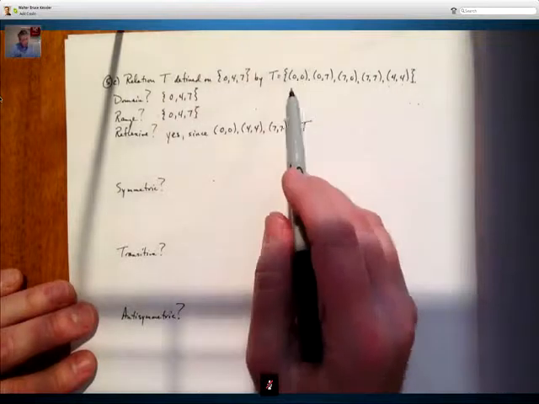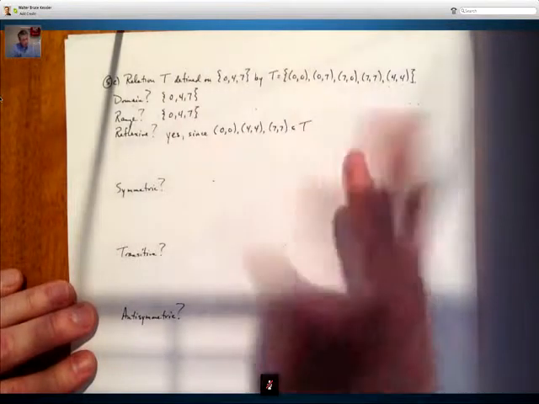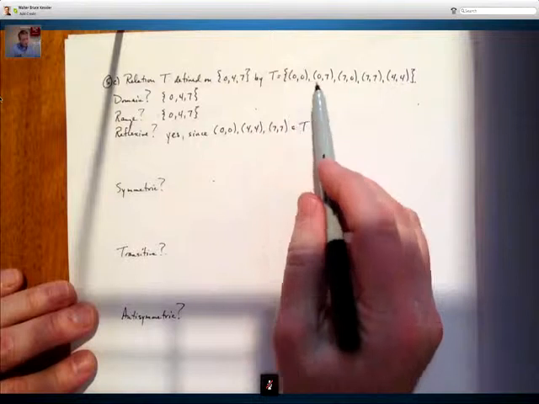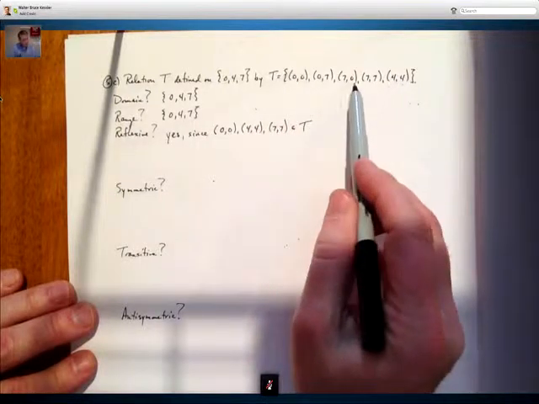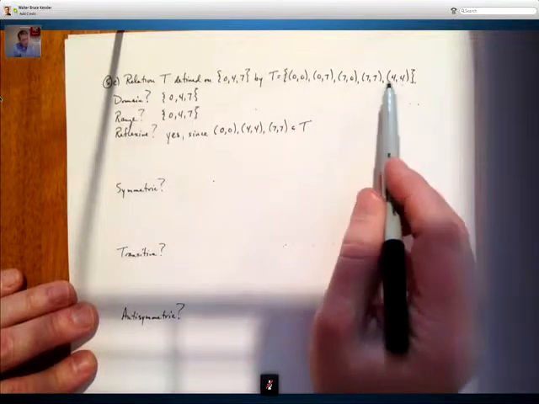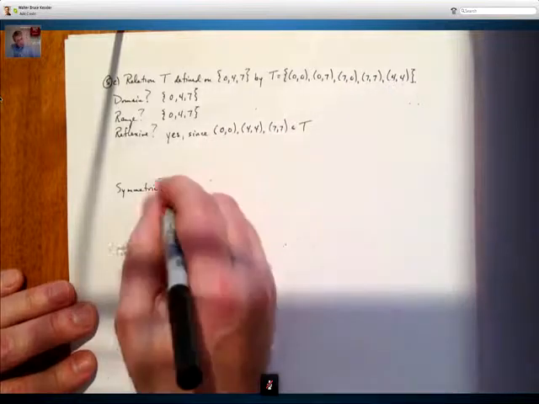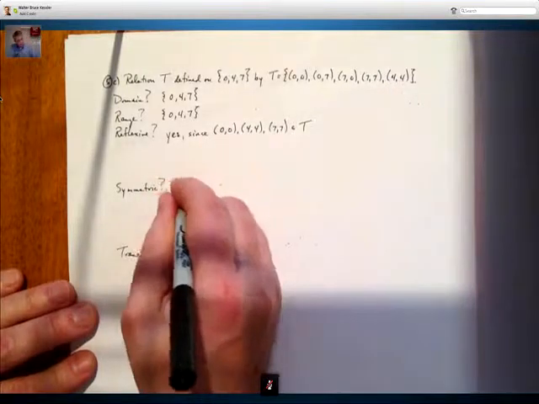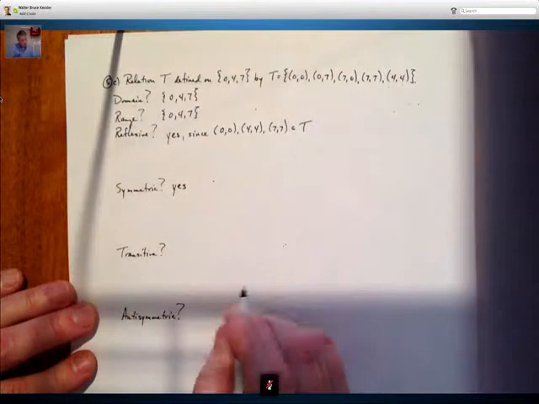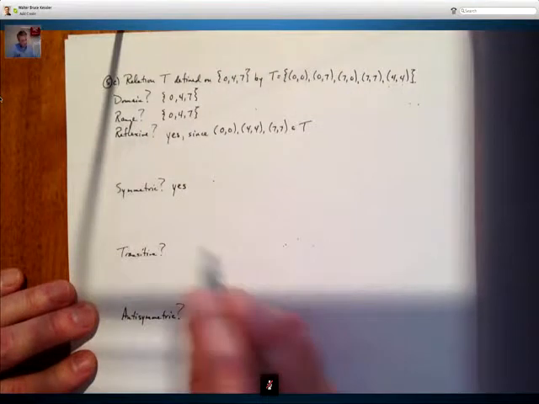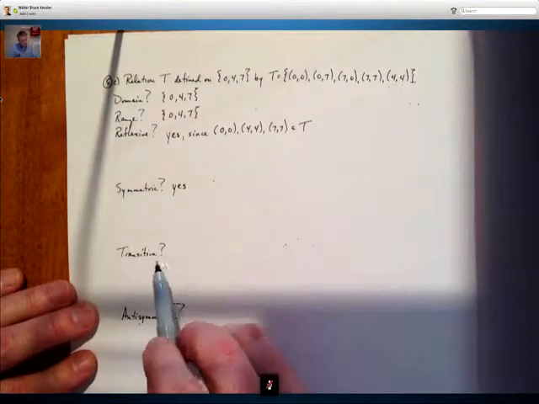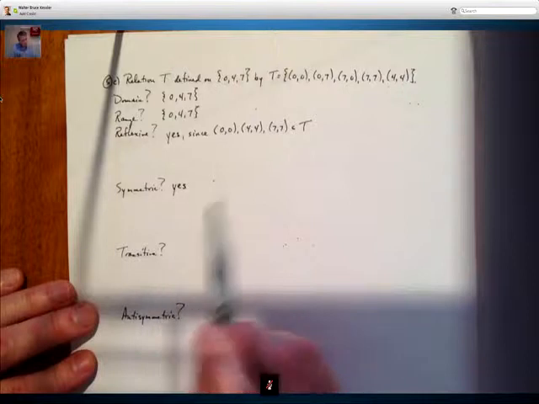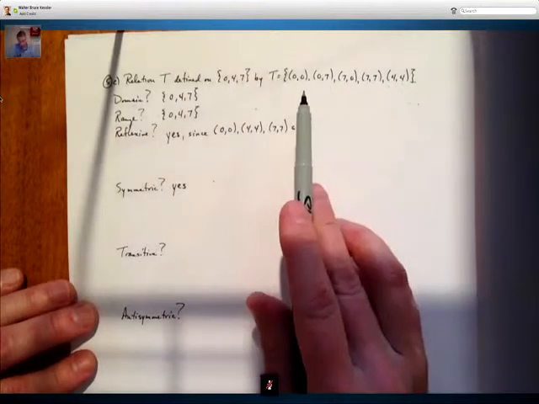Symmetric. If we have things that are different, I've got to have the reverse. So 0, 7, do I have 7, 0? Yep. Flip those over, get the same thing. So yes, that is symmetric. Transitive, let's see here.